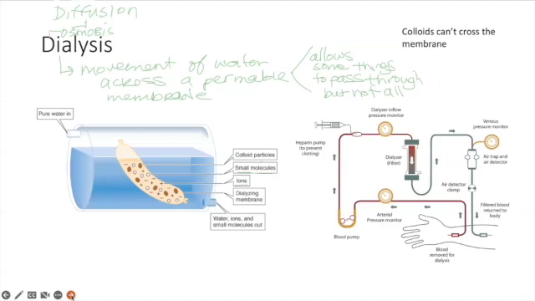They're in a high solution, so whatever can diffuse out wants to diffuse out. So the ions diffuse out, the small molecules diffuse out. But these colloid particles, they are large and they can't cross the membrane. They're going to stay in the membrane. And colloid just means that they're larger particles. It's not any specific thing.